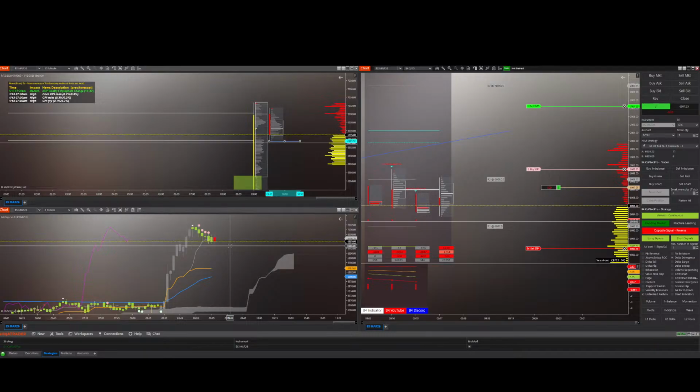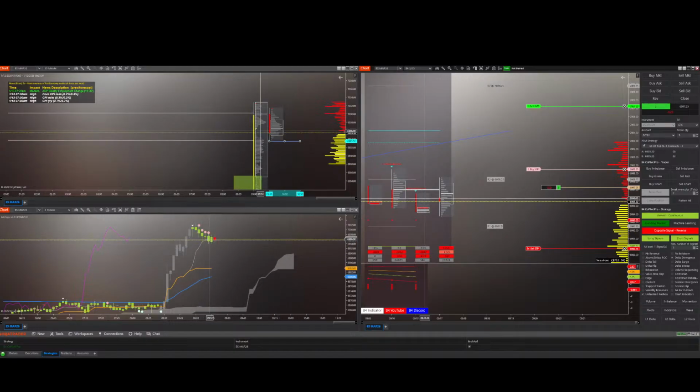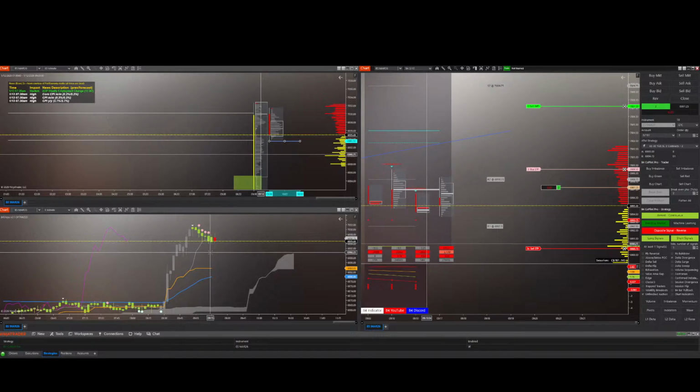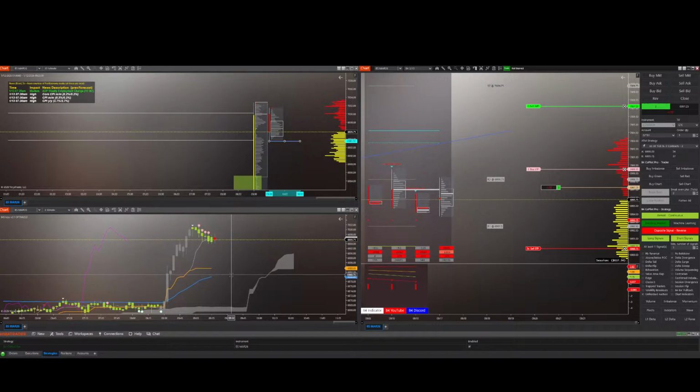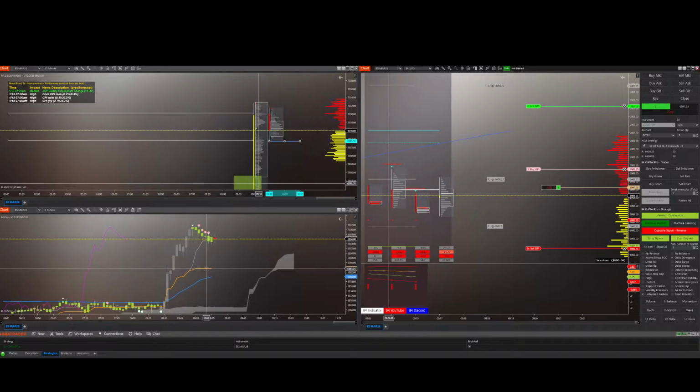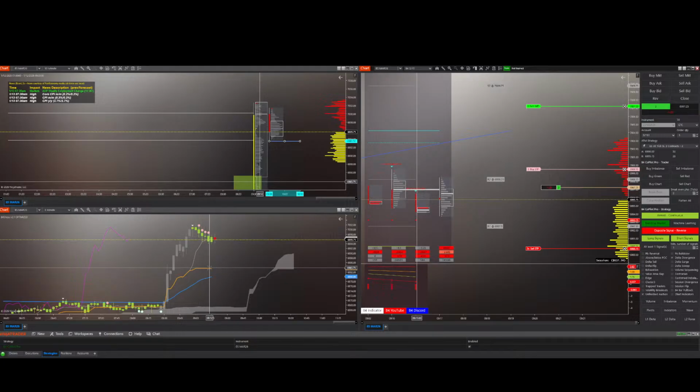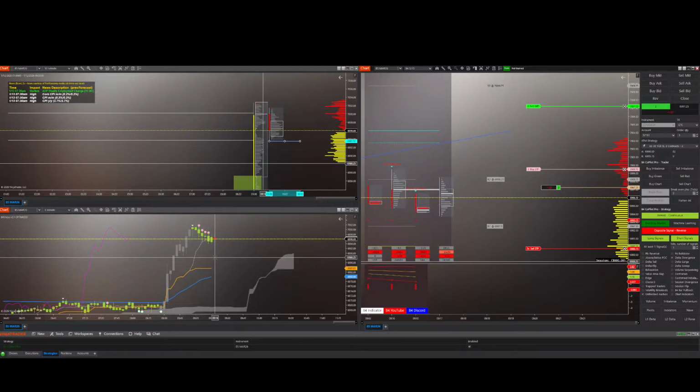Right now, the cloud's going sideways right here, and the T and the K are going sideways. One thing that happens, I want to point it out, Liz, is the longer this Kijun-sen stays flat, the more price will draw down to it.